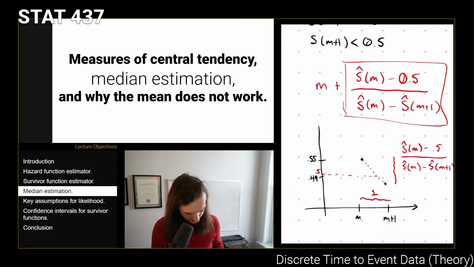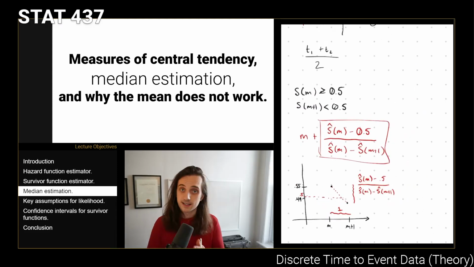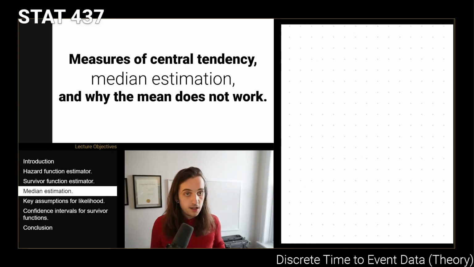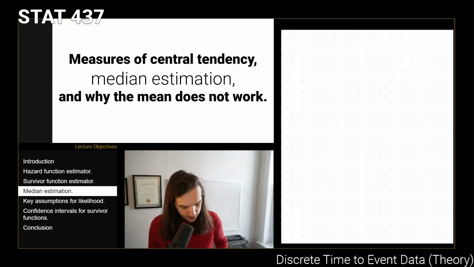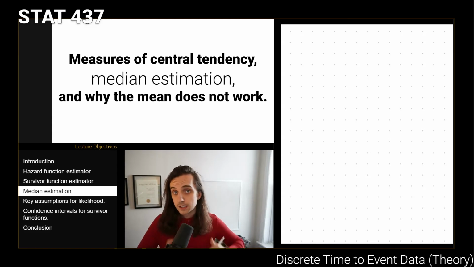In this case, you would end up with m plus 0.05 divided by 0.06, so m plus 5/6 essentially. Which makes sense, because that's a lot closer to m plus 1, which is what we said it should be. So that's the idea of using the median for central tendency, using linear interpolation to get a more accurate version of that, and discussing why the mean is always going to be biased downwards when we have censoring in our data.